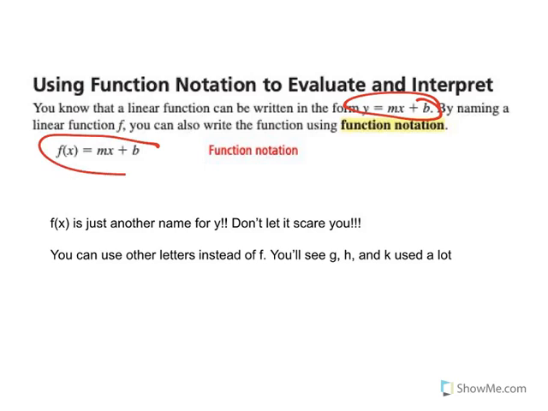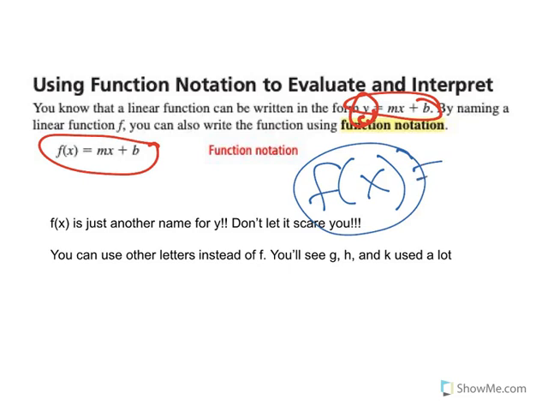This is the same thing as this. We just use, instead of the y, we use f of x to be fancy and say this is a function. If you see f of x equals something, then that equation is a function. Might not be linear, but it's a function of some sort, okay?